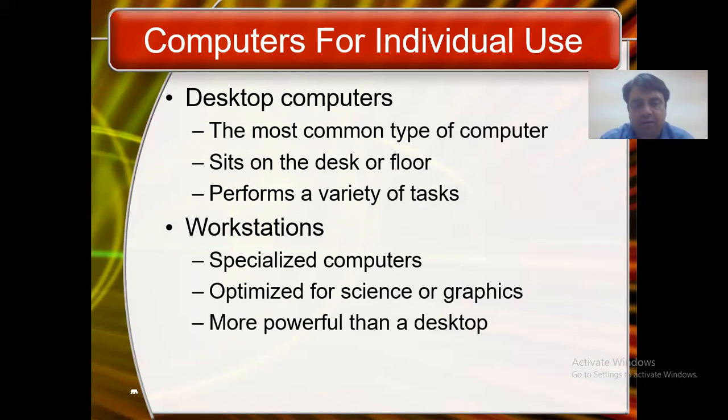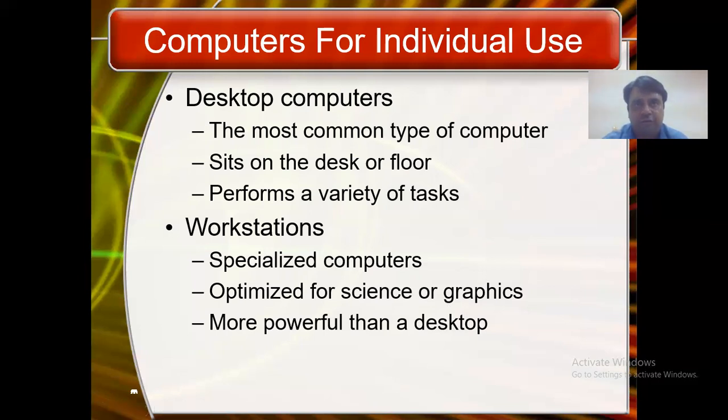If you need a powerful machine in terms of heavy processing or graphical processing, you will need a specialized computer. This specialized computer we normally call a workstation, and it is optimized for science or graphics based processing.